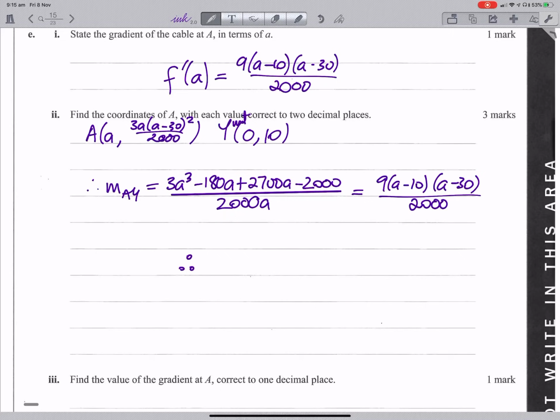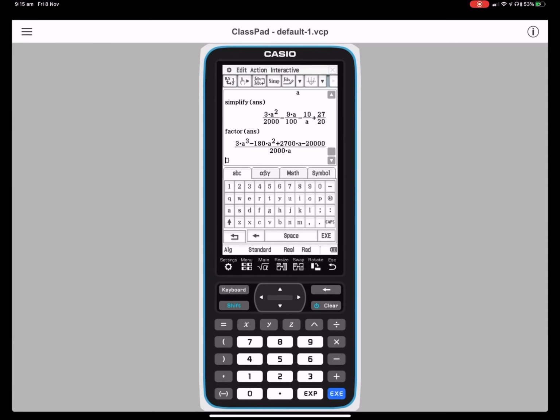Therefore, find the coordinates of A. So we let that equal, didn't I have that somewhere recently?